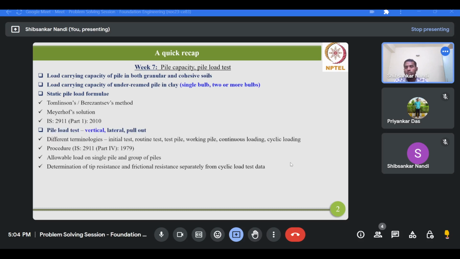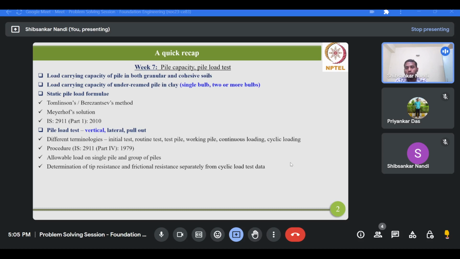Now, in addition to the static pile load formula, the capacity of a pile can be determined using the pile load test. And as you know, this is an in situ test, so you can directly calculate the capacity of a pile at the field condition. Now this pile load test is of three types: vertical, lateral, and pull out.